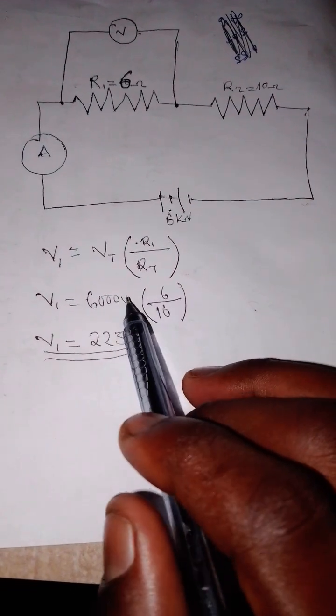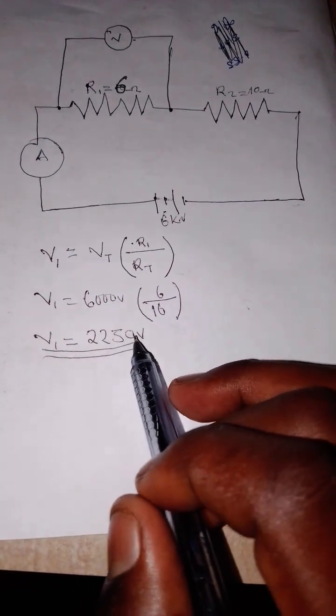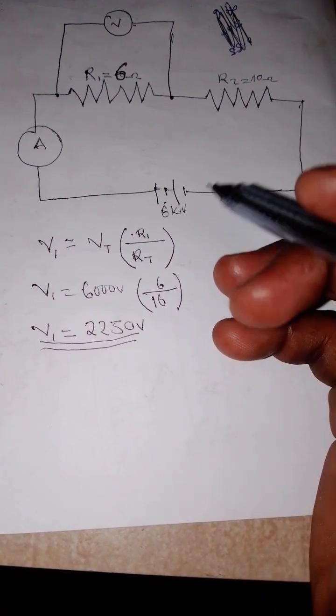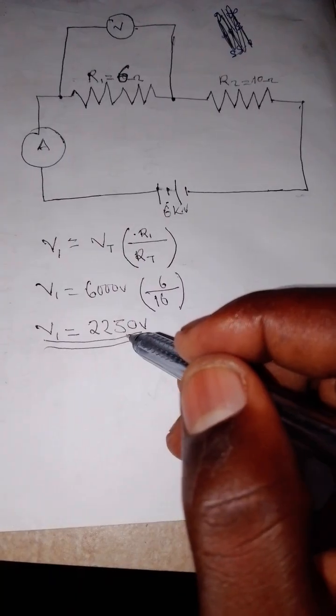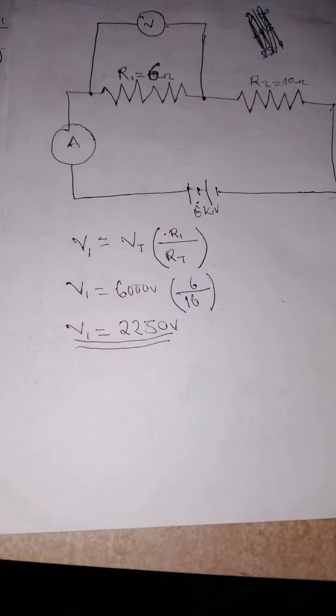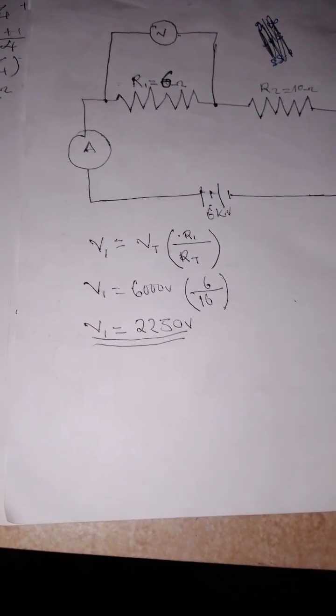So we're going to have 2,250 volts out of 6,000. So it's going to be 2,200 volts. That's how we find it.